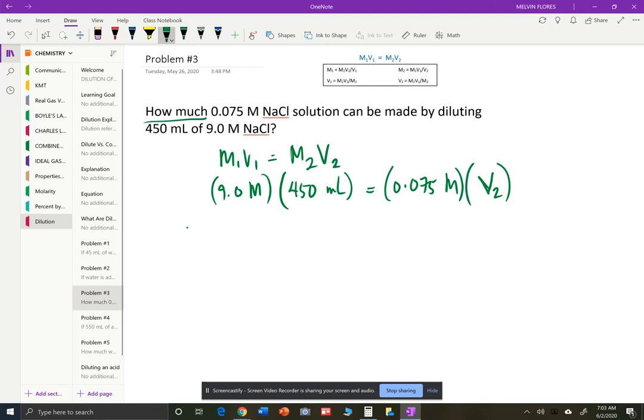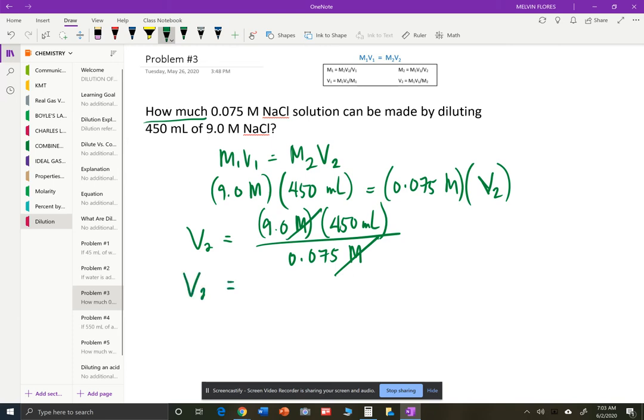So if we're looking for final volume, you have M1 times V1, so that's 9.0 molarity times 450 ml, and then divide that by your final molarity, which is 0.075 molarity. So you cancel molarity and you get the volume in ml.